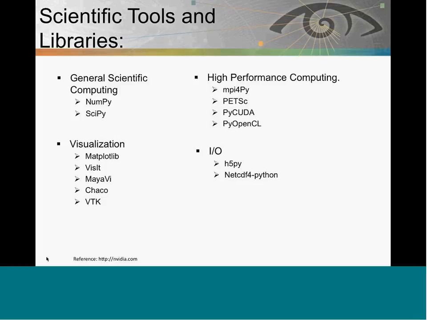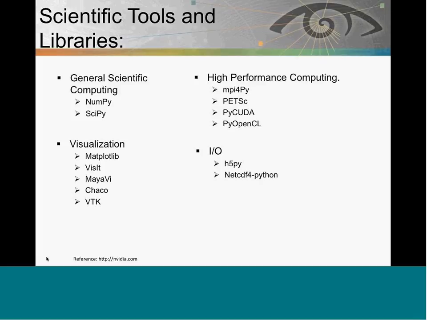So Python has really good visualization packages, and one of them is Matplotlib, which has nice 2D graphics functionality for plotting. You can do bar plots, log plots, scatter plots, and so on using Matplotlib. Another is VisIt. VisIt is written in C++, and it also has an interface with Python.